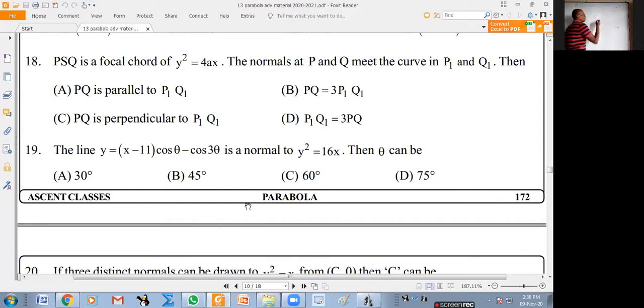There is a parabola. Take some focal chord. You know, if you draw tangents, they're perpendicular like this.